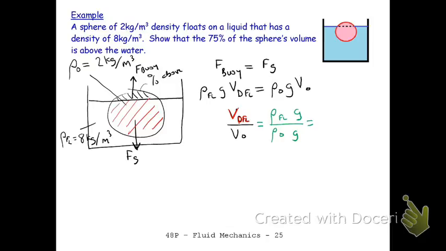Well, those g's cancel, so it's rho fluid over rho object, which equals 8 over 2.